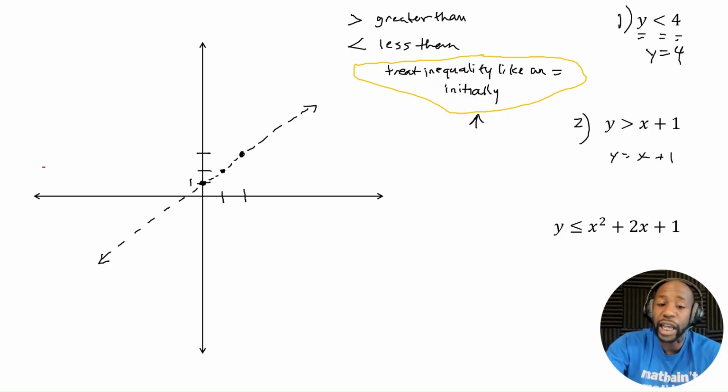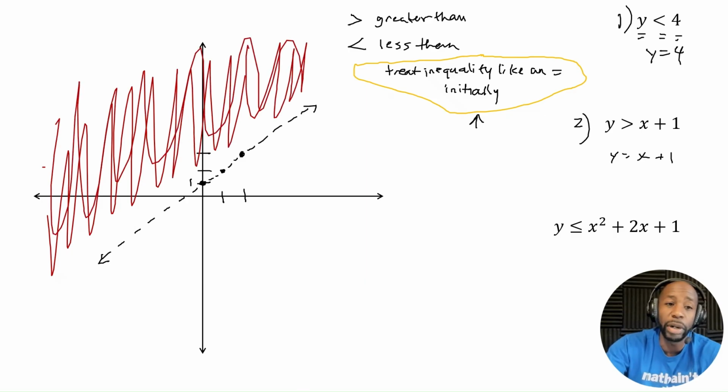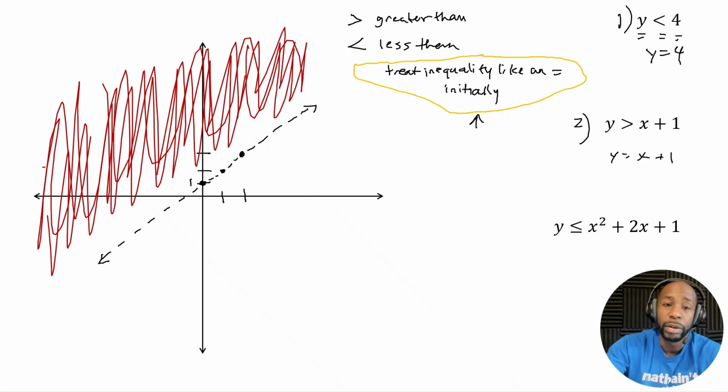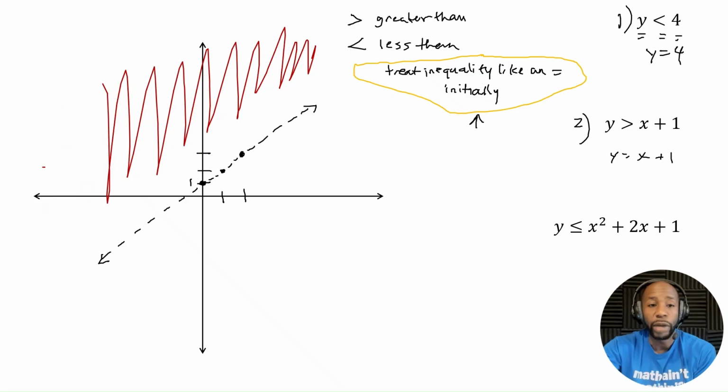So where is that? That's everything that is above the line, okay? Everything above the line. That's greater than, because it's in the positive y direction. And then it has to be above that line. So that means it's everything above that line. It qualifies as greater than x plus 1. All right, good.